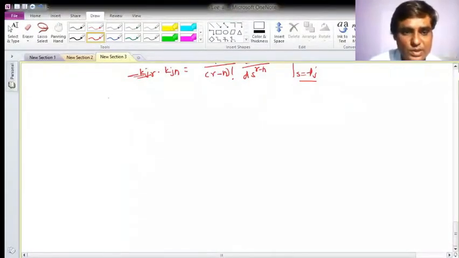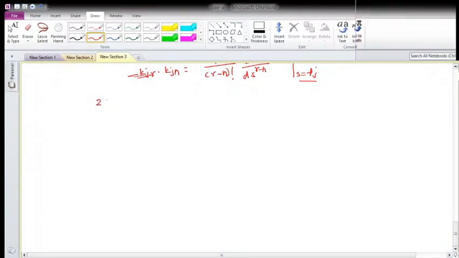To illustrate this, let me take one example. Suppose my example is (2s^2 + 3s + 2) over (s + 1)^3. Now I have a multiplicity of 3 at the root minus 1. So k11 over (s + 1) plus k12 over (s + 1)^2 plus k13 over (s + 1)^3.